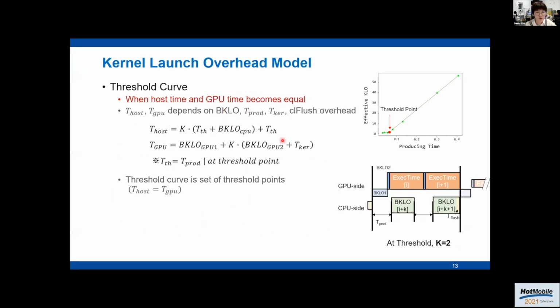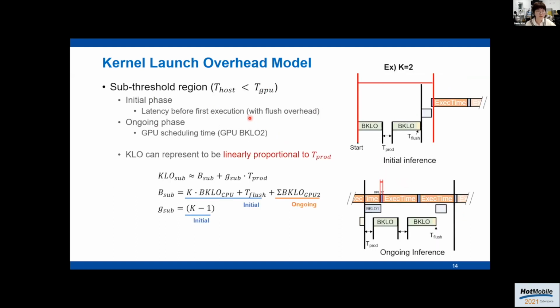As shown in the figure and equation, thost includes k times tprod and the CPU base clock plus one shell flush overhead. tGPU, on the other hand, includes one GPU base clock plus k times the GPU base clock 2 and kernel executions. When thost is less than tGPU, we call it the sub-threshold region.